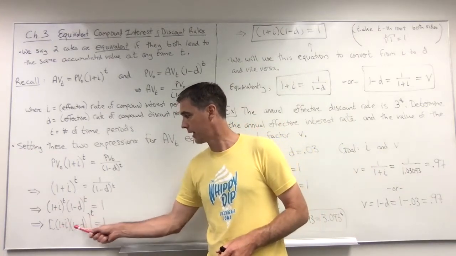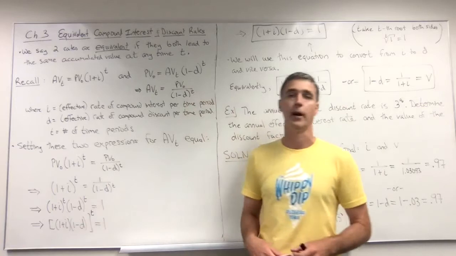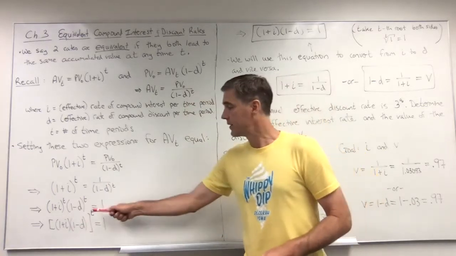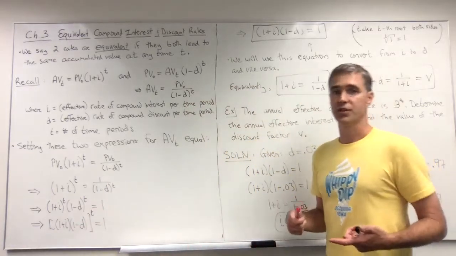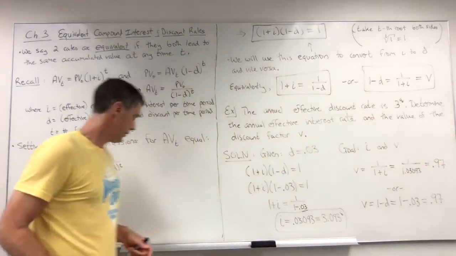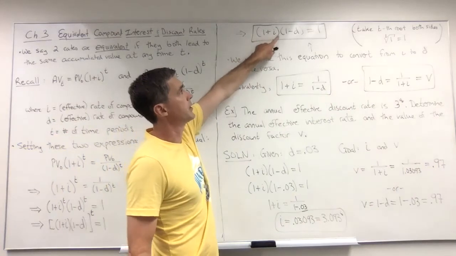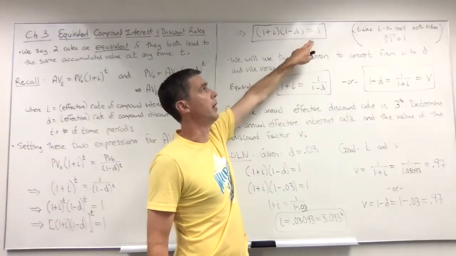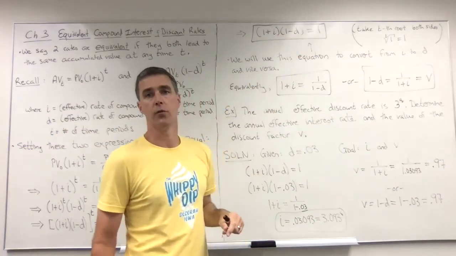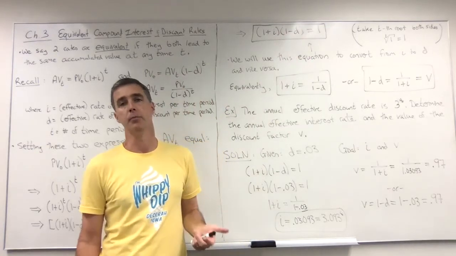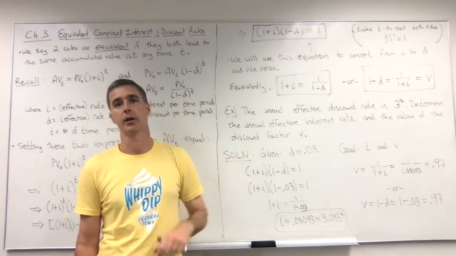So I have ((1 + i)(1 - d))^t equals 1. And then if I take the tth root of both sides, well, the tth root of 1 is just 1. So I get (1 + i)(1 - d) is equal to 1. And that's the central formula to memorize and to keep in mind, okay? That's how we're going to convert.